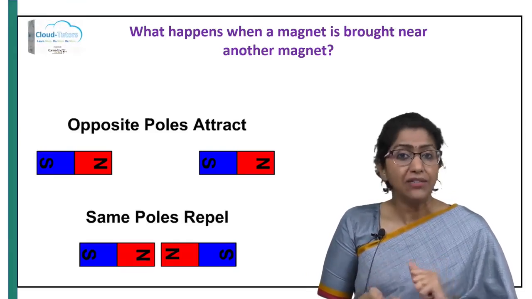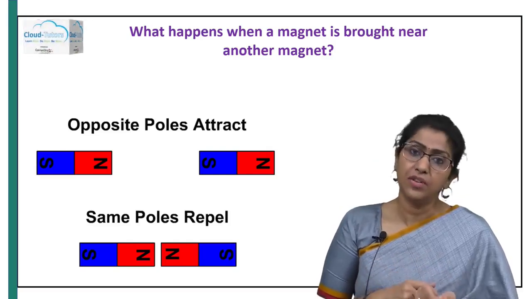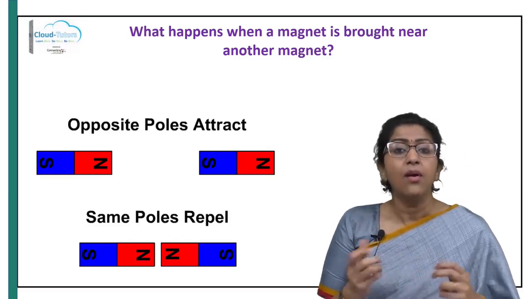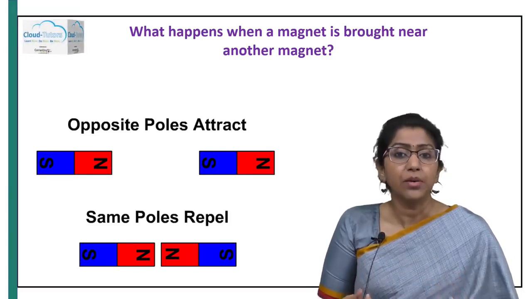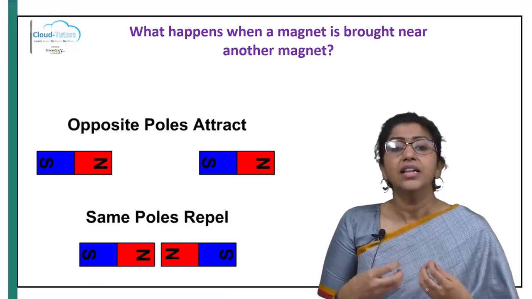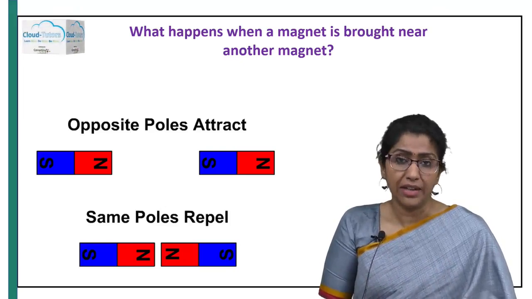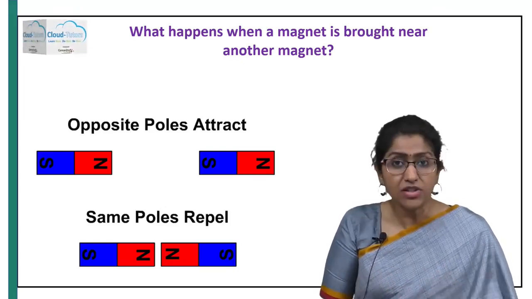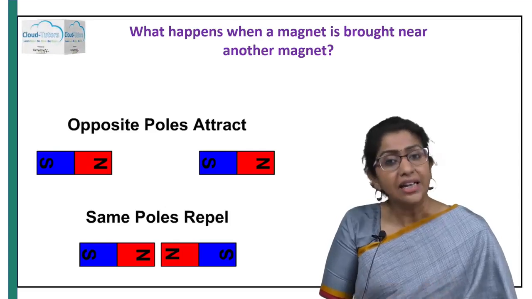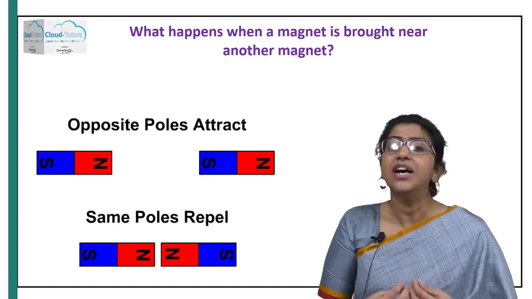Now, magnetic force can be either a force of attraction or a force of repulsion, depending upon what are the magnetic poles that are interacting. If we bring similar poles closer to each other, there will be a force of repulsion. If we bring unlike poles or different poles together, there will be a force of attraction.